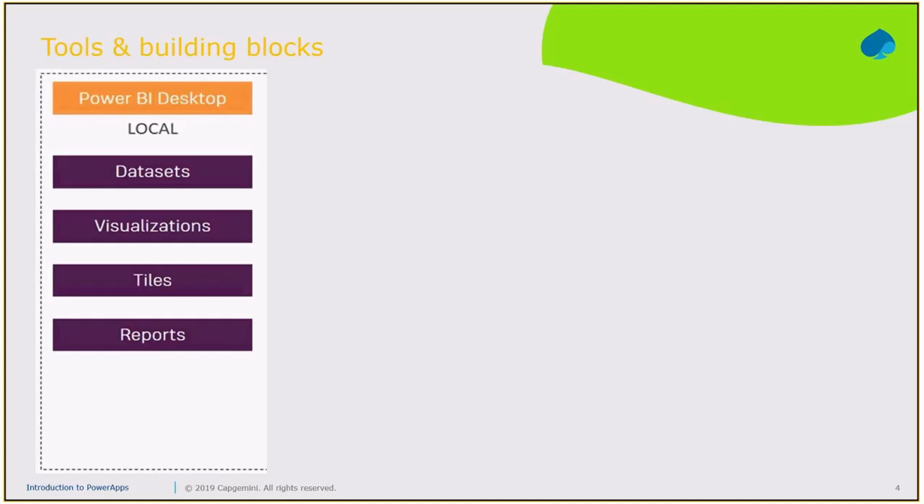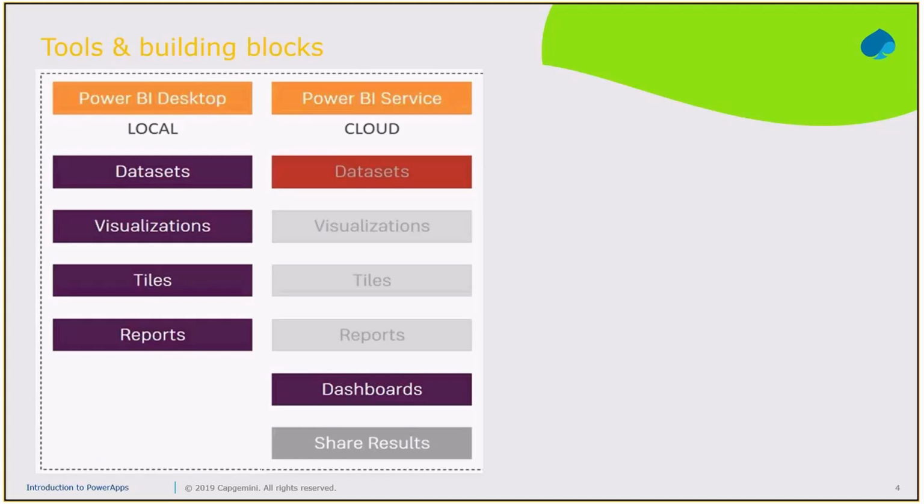The next building block is the Power BI service, which is a cloud-based service. If you see the components here, one is datasets, colored in red, and the others are visualizations, tiles, and reports. These building blocks are all available in Power BI service, but they have different functionality. So when does the Power BI service come into the picture?